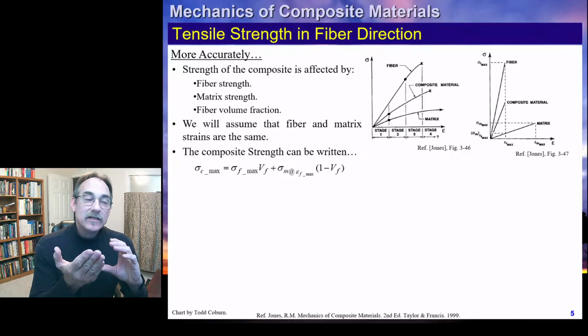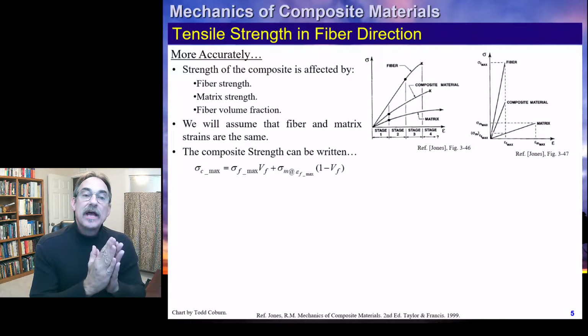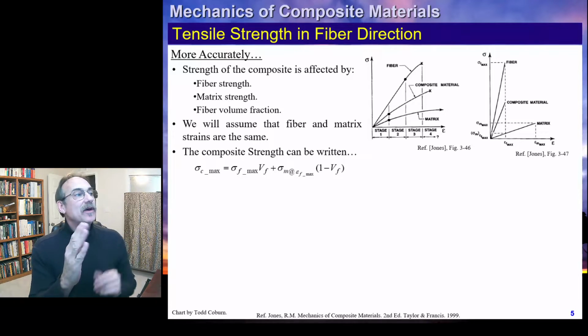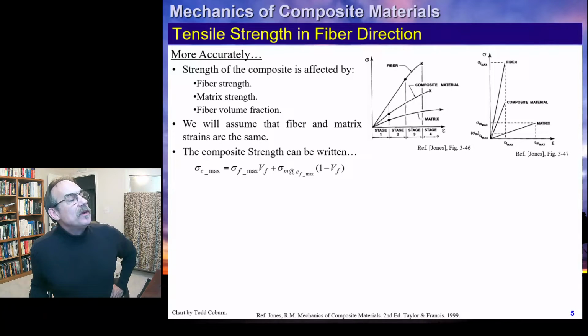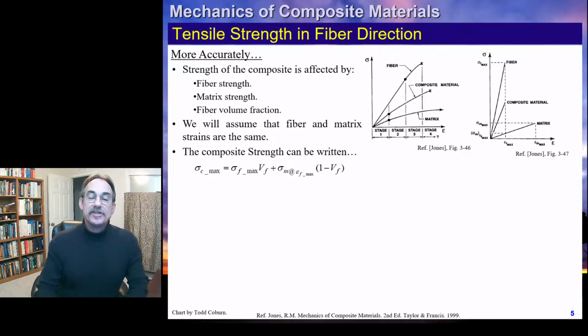At that point, we not only have fiber working up until then, we also have matrix working up until that same point. So we're going to go ahead and use this nomenclature, sigma, the stress that the matrix has at that same stress level, that's what we're using here, times the volume fraction of the matrix, which is 1 minus the volume fraction of the fiber.